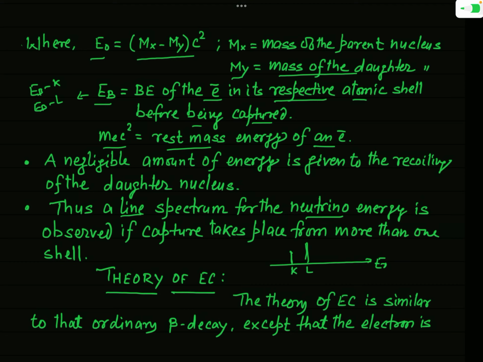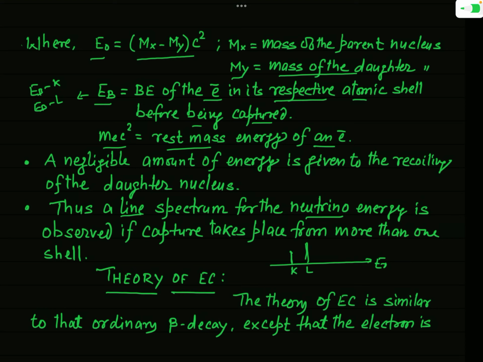Now we will see the proper, or rigorous, theory of this electron capture. In fact, the theory of electron capture is just similar to the ordinary beta decay, but there is some difference between the two. And what is that difference?